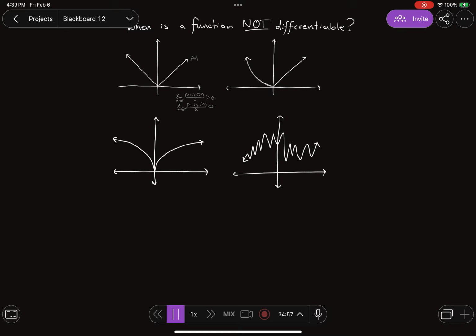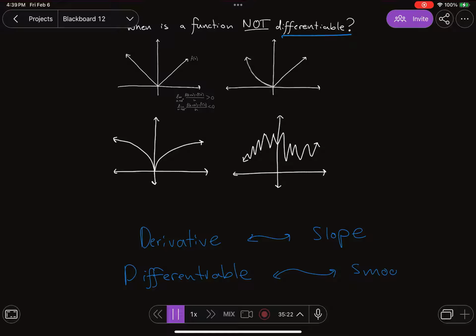When we think derivative, this has already been mentioned, but I can't emphasize this enough. When we think about derivative, we want to think about slope. When we think about differentiable, so this word right here, we want to think about the word smooth. Okay? That is so huge.